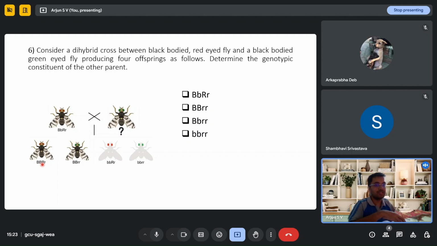So this is also pretty straightforward. The answer is option three. Capital B, small b, capital R, small r.